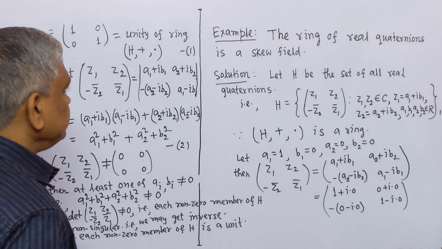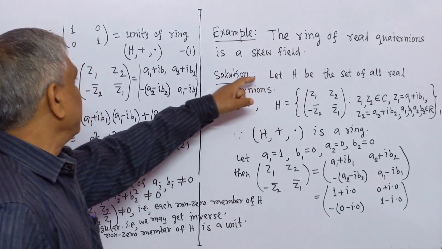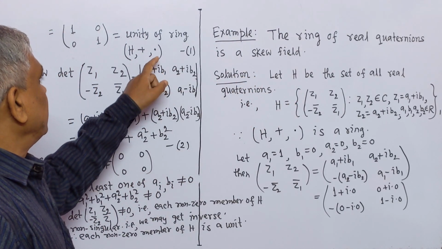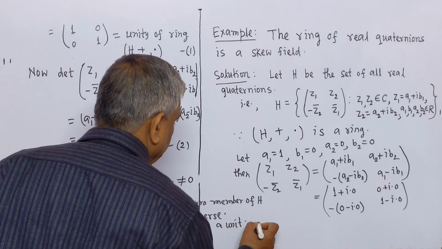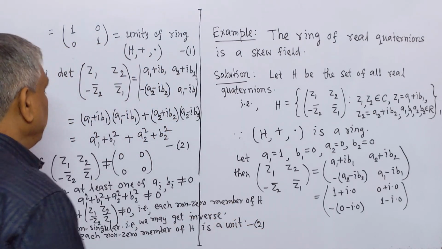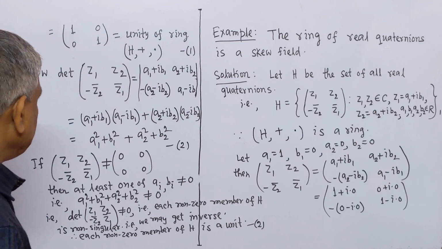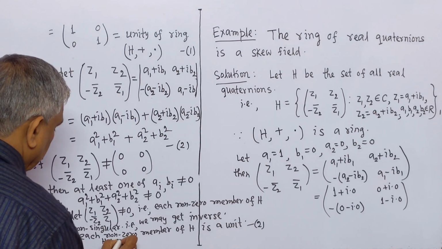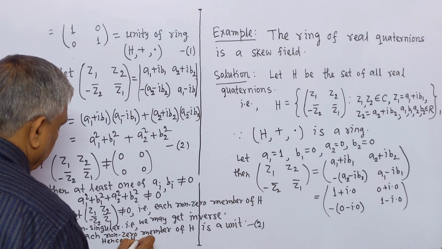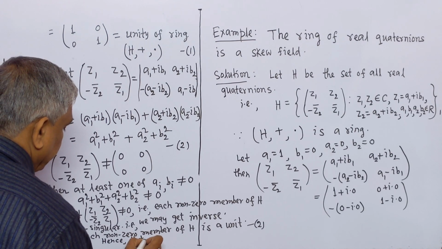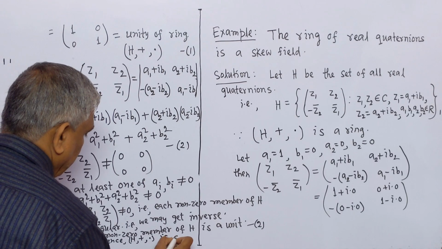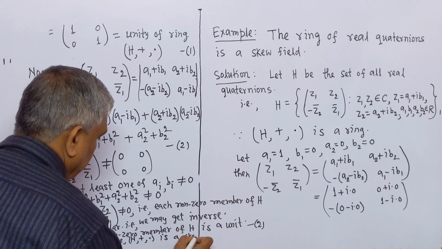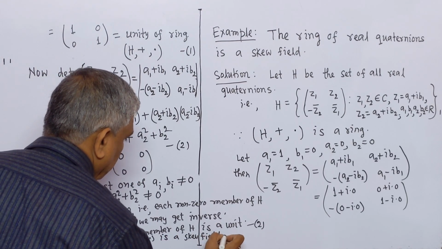Therefore, the ring H contains unity, and each non-zero element is a unit. Hence H with binary composition, addition and multiplication is a skew field. Proved.